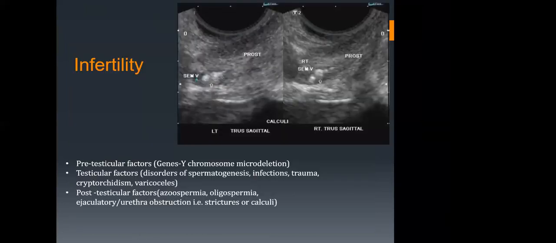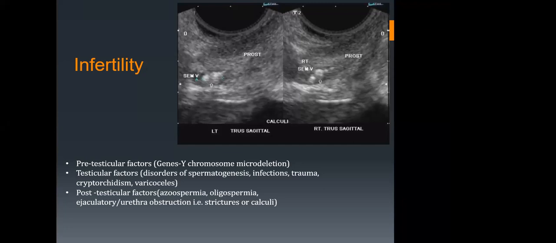I have to mention infertility. I did not mention it among the indications for prostate ultrasound. This was deliberate. Of the request forms we receive, requests seeking male infertility are very minimal.